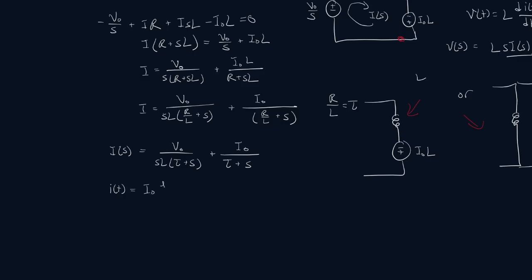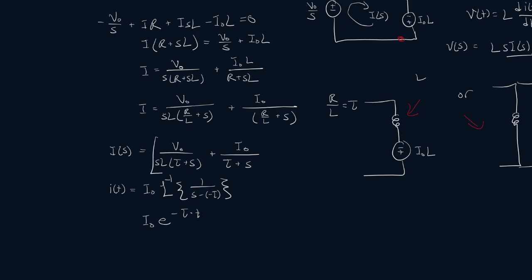We just do IO, then 1 over S plus tau. Oh yeah, sorry, inverse Laplace I mean. And this can be represented by the following: e to the power of minus tau times t. Okay?